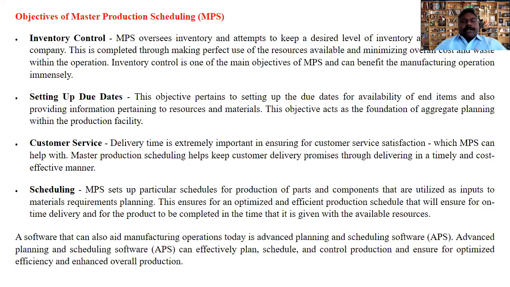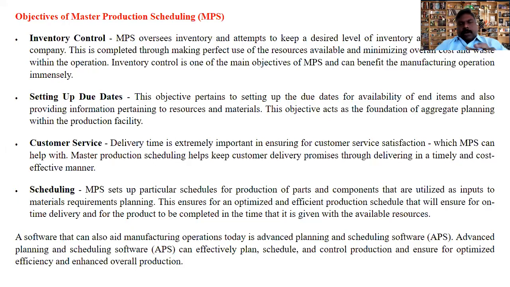So scheduling, MPS, sets up particular schedules for production of parts and components that are utilized as inputs to the material requirement planning, that is MRP. So here the schedule of production of parts and components we have to relate with our inputs, so that suppliers send the material to us in time, and we take that material and go for processing it.